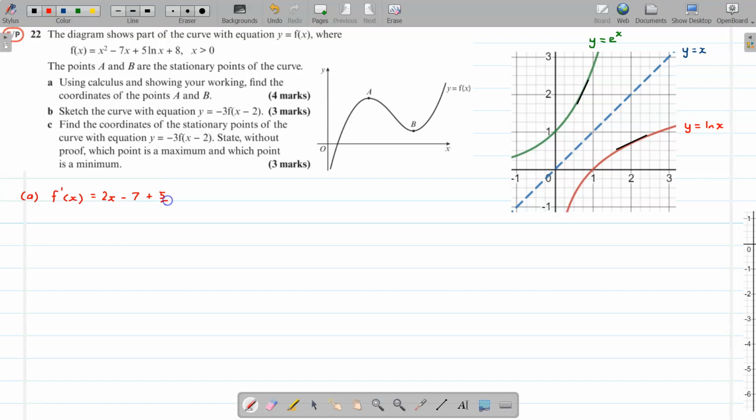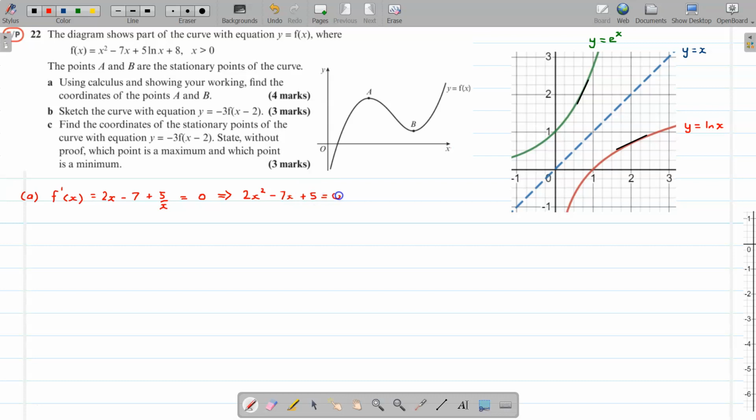And then the plus 8 becomes 0. Now we also know that the gradient function has to equal 0 at a stationary point at A and B. So if that's equal to 0, then if we multiply everything by x, we get a quadratic that we're going to solve. We get 2x squared minus 7x plus 5 equaling 0.